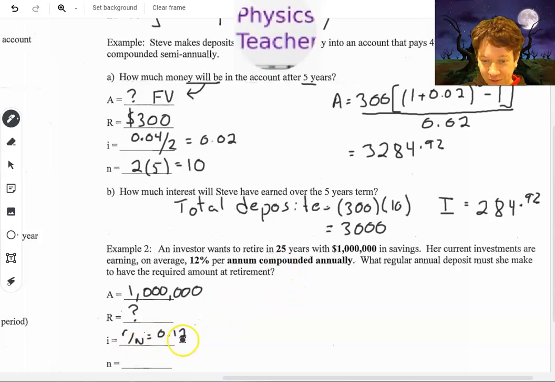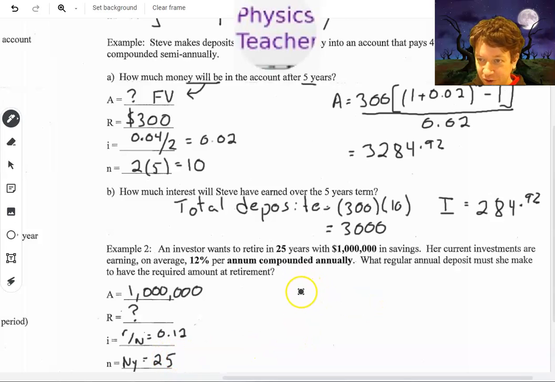And divided by 1 actually, because it says it's compounded annually, so we only do it once per year. So that's just going to be 0.12. And then small n would be 1 once per year multiplied by 25. So it's n times y, which is 1 times 25, which is just 25.